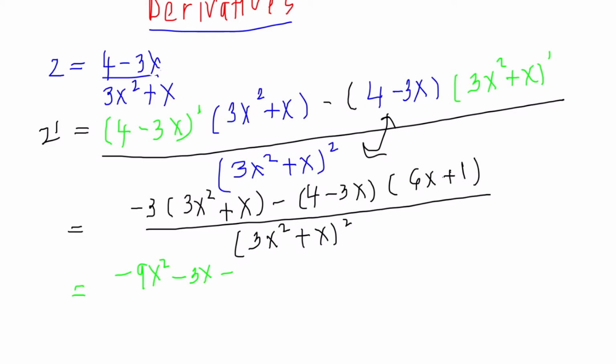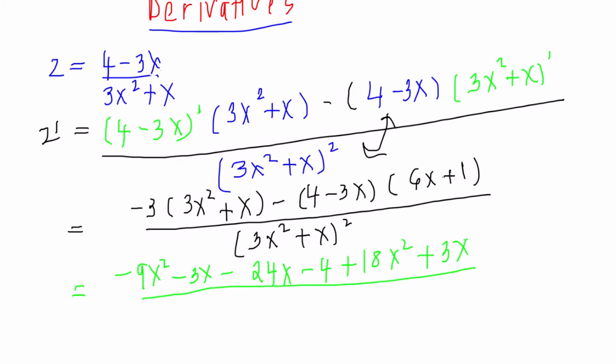If you expand that part, it's going to be minus 4 times 6, that is minus 24x, and then minus 4 times positive 1 is minus 4. Then plus 3x times 6 is plus 18x squared, and plus 3x times 1 is plus 3x. Then we divide everything by the denominator squared again, 3x squared plus x, and we square everything.